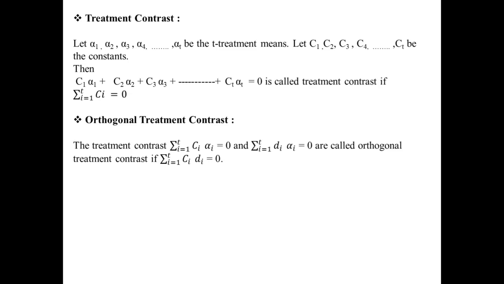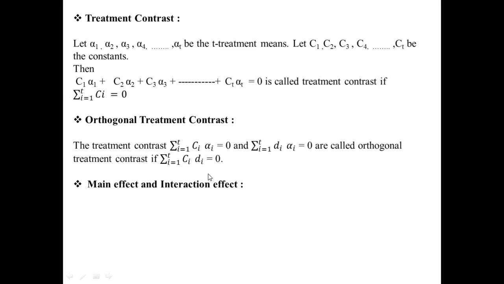These two treatment contrasts are orthogonal if summation over i Ci into di equals 0. So when the sum of products of coefficients of these two treatment contrasts is 0, we can say that these two contrasts are orthogonal to each other.